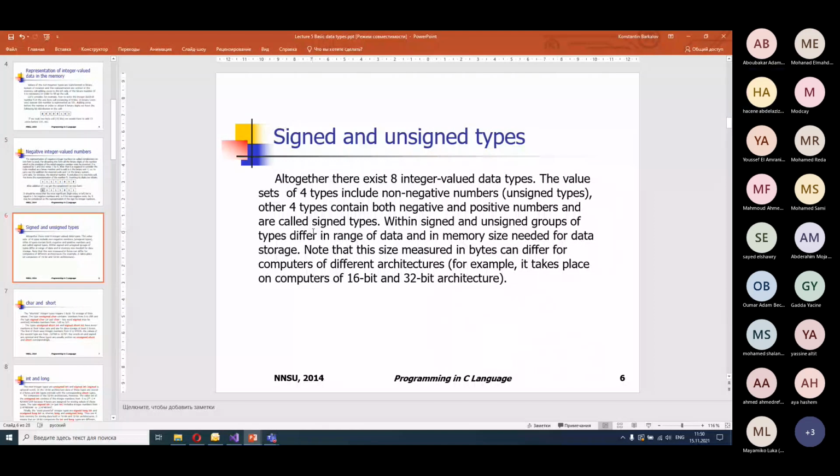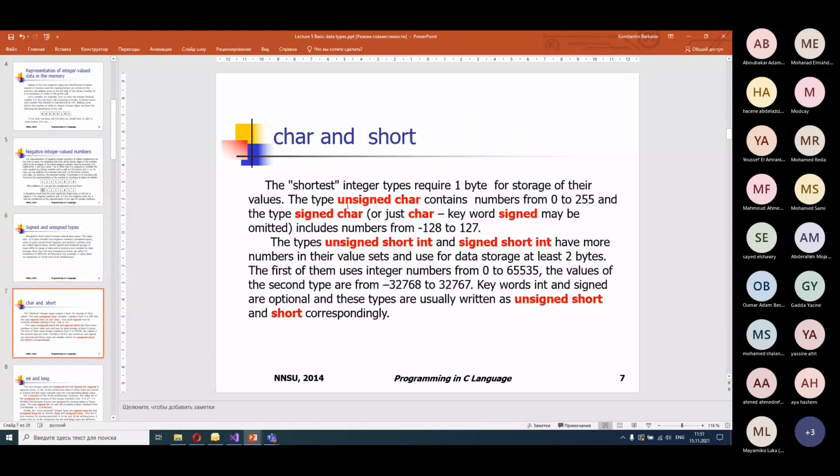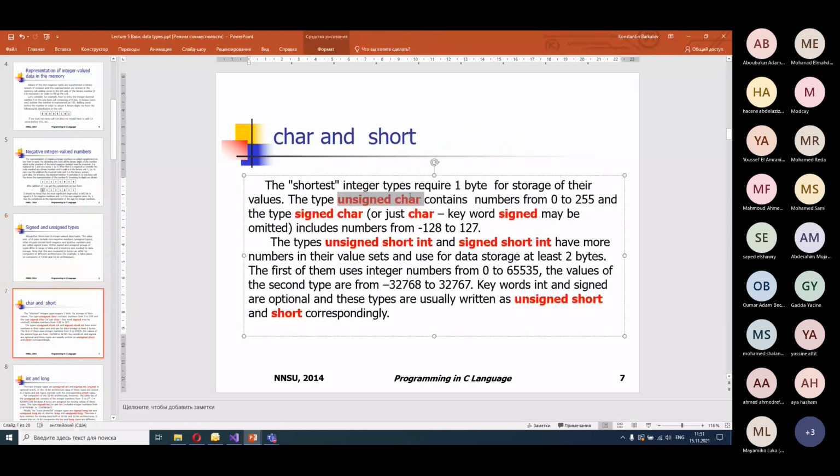And all of these numbers can be used in C language. For example, the smallest integer type is the 1 byte integer, unsigned char, and the range is from 0 up to 255.